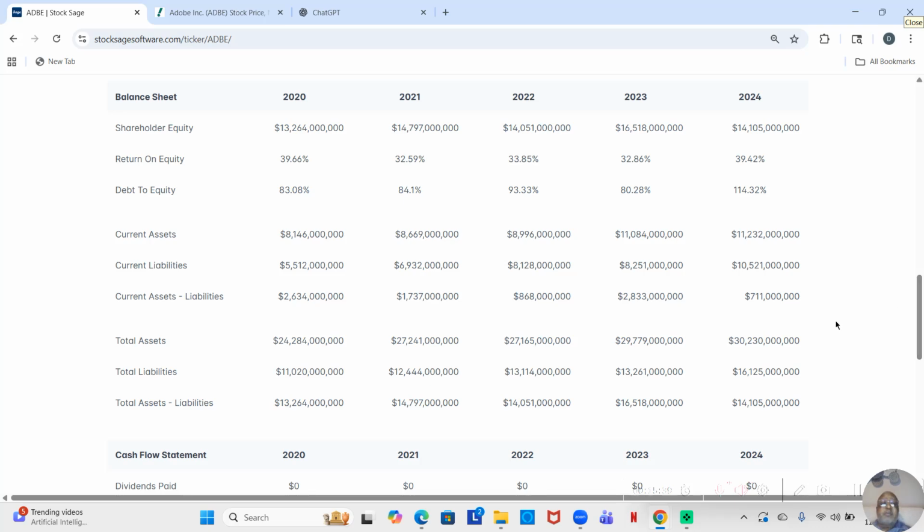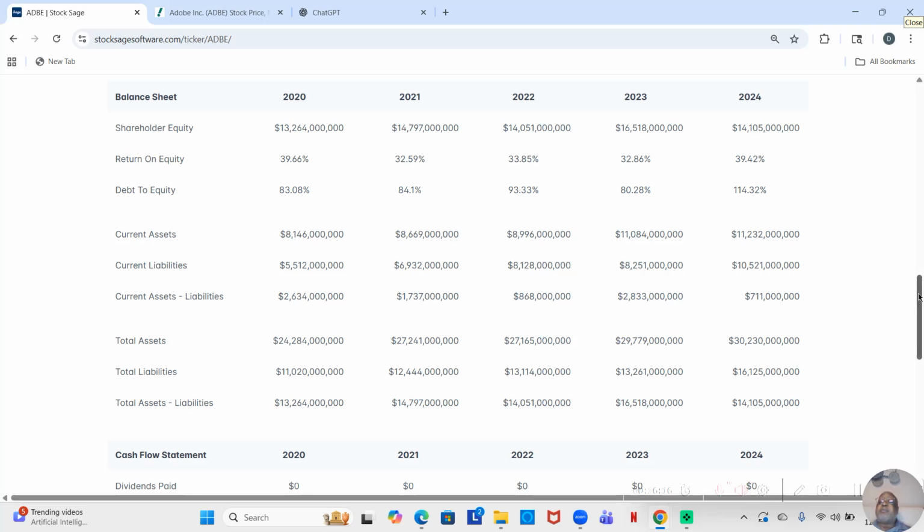And we see, when looking at the current assets, everything that the company owns, against the current liabilities, everything the company owes, and these are current, meaning under a year, we see that the current assets exceed the current liabilities 4 or 5 years.